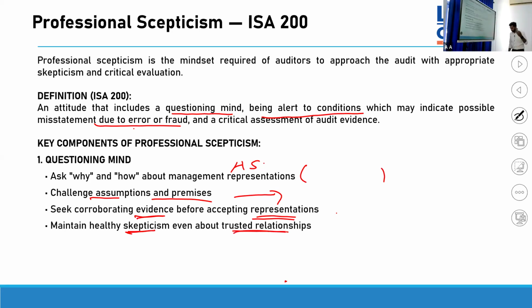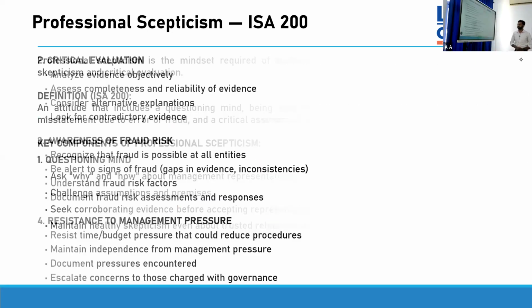We may be familiar with those clients, but we must always apply our professional skepticism, right? We should not rely on their explanation. So this is one of the components of professional skepticism.